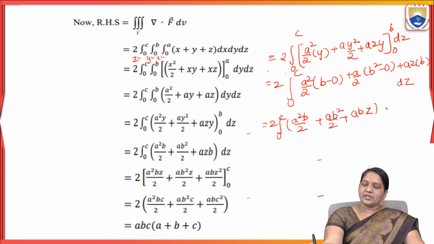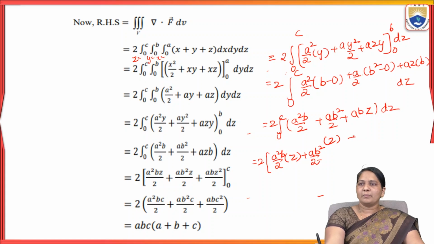Now we are doing with respect to dz. So 2 into a square b by 2, integral dz is z, plus a b square by 2, integral dz is z, plus ab into integral z dz is z square by 2. Limits are 0 to c.